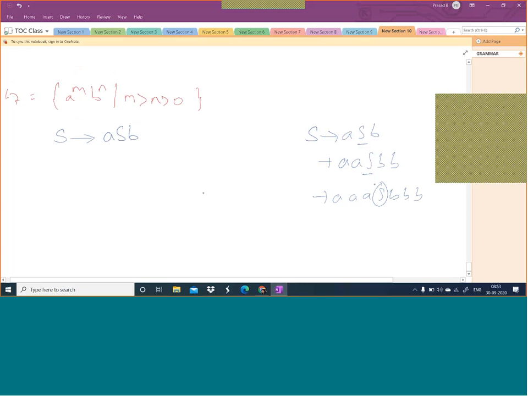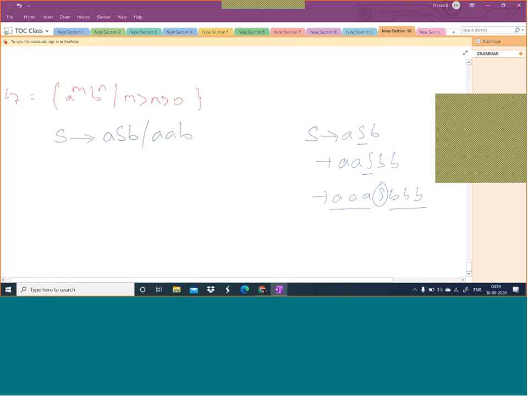So it is giving A's followed by B's only. And finally, I replace, go this side. So what is the smallest value of n here?